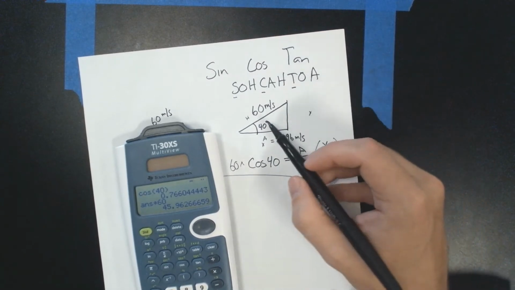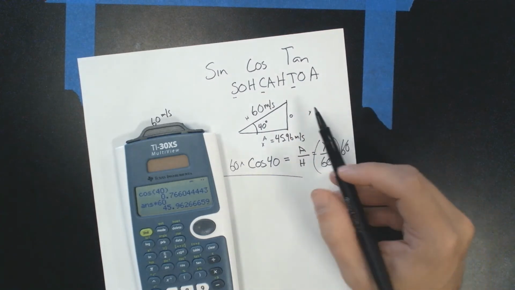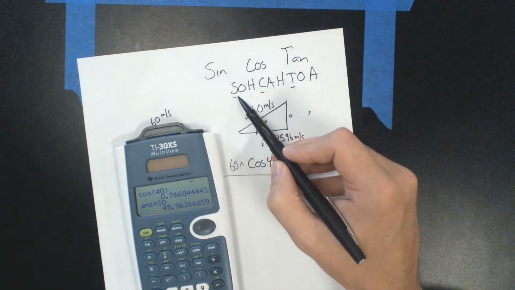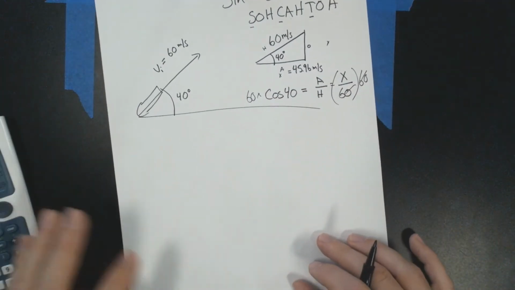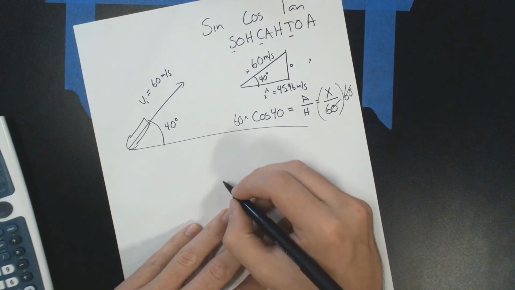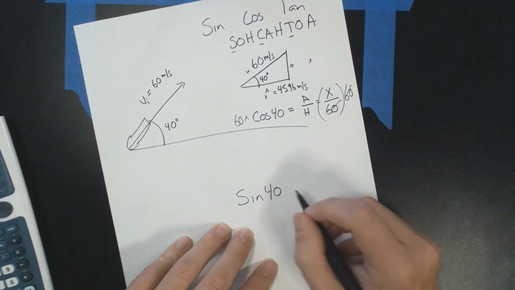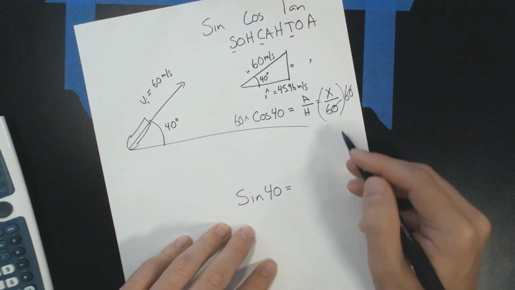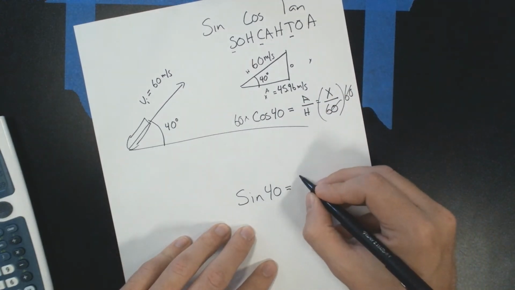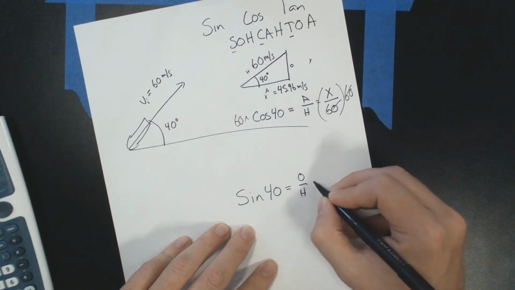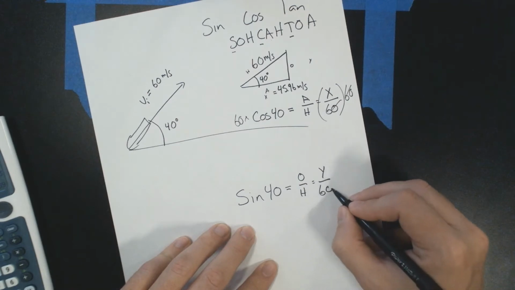And I can go ahead and repeat this process to find my y component. So in this case, here's my angle, this is going to be the opposite side of things. So I have an opposite and I have the hypotenuse. I'm going to use sine in this case. So the sine of 40 degrees is equal to opposite over hypotenuse, also known as my y position, divided by 60.